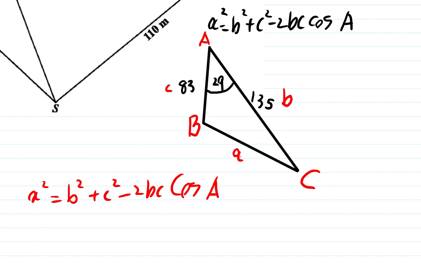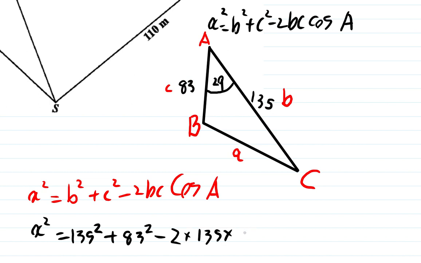You don't know what A squared is, so it's A squared equals B squared, where B is 135, so 135 squared, plus C squared, where C is 83, so 83 squared, minus 2 times B times C, that is 135 times 83, times cosine A, which is cosine 29.